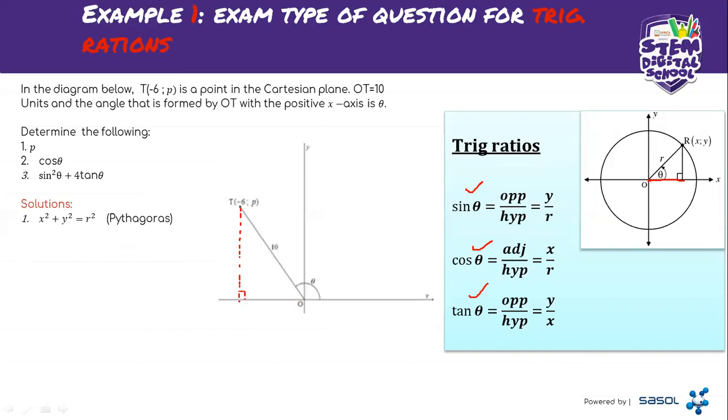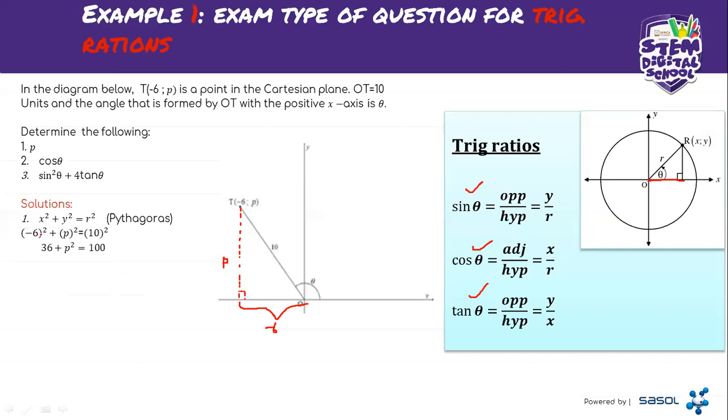You can see from here up to there, there's -6, and this side here is going to be p. Now we're going to calculate the value of y, and we just substitute.